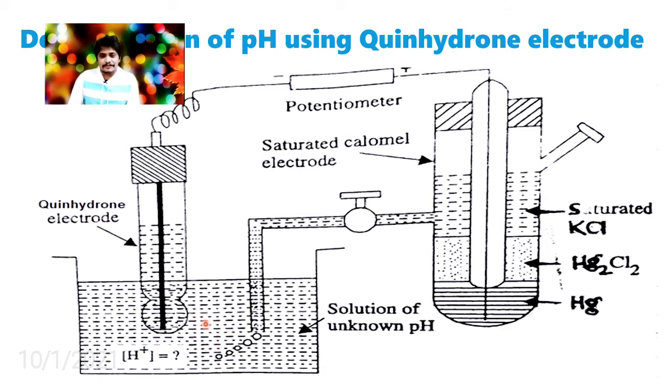Whenever this setup is made, as already discussed, during the spontaneous redox reaction between the two electrodes, some potential, that is EMF, is going to be developed in the potentiometer. Whenever the setup is made between the saturated calomel electrode and the quinhydron electrode, the saturated calomel electrode, which is the reference electrode, always acts as cathode and undergoes reduction, whereas the quinhydron electrode acts as anode and undergoes oxidation.